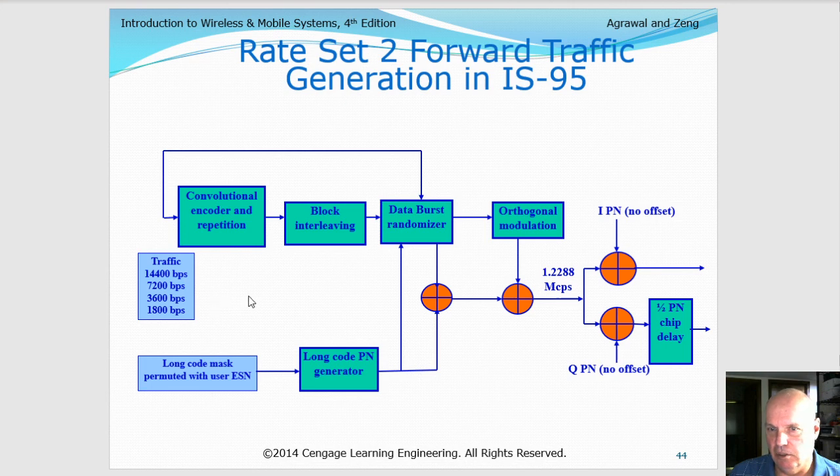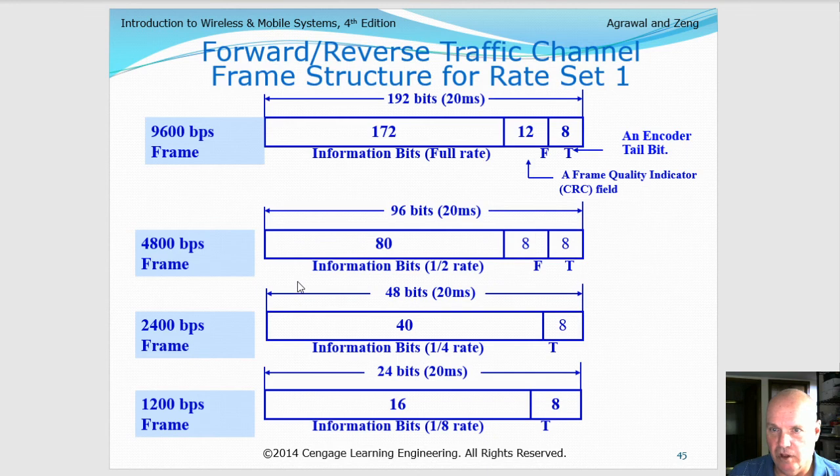And then similarly, the only difference here with rate set 2 is it had a higher bit per second limit. Here's some details on the different frames for rate set 1 and rate set 2. Notice that they all are 20 milliseconds.